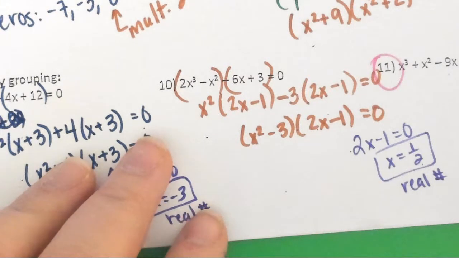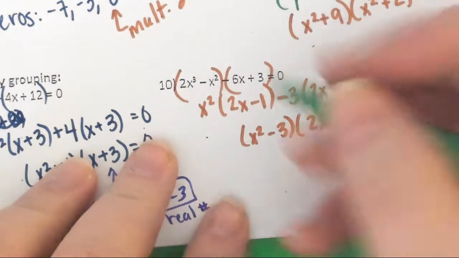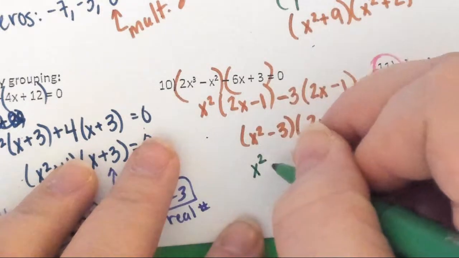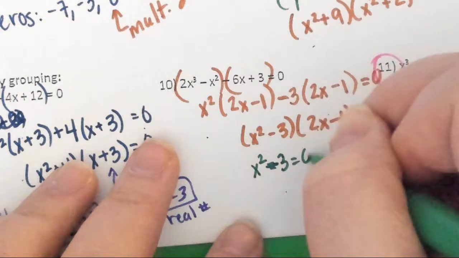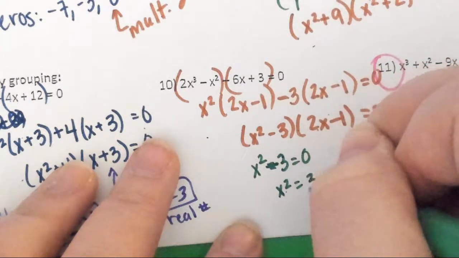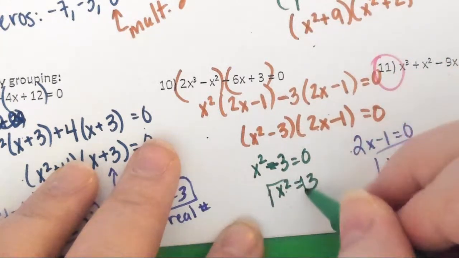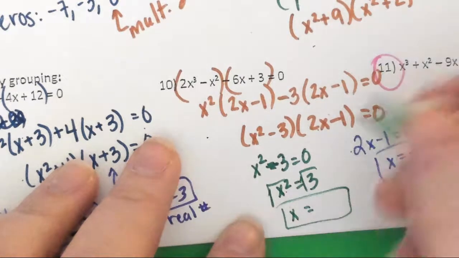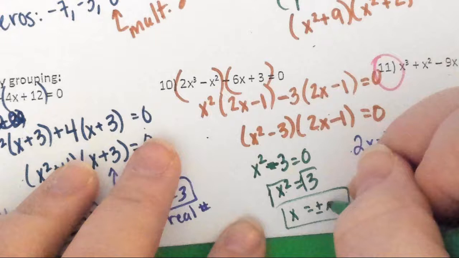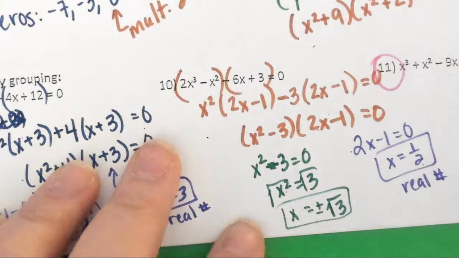Oh, where is it? Not a negative under the square root. Perfect. So it was x squared minus 3 equal to 0. We get x squared equals 3. When I take the square root of both sides, my answer is what? Plus or minus square root of 3. And we're done.